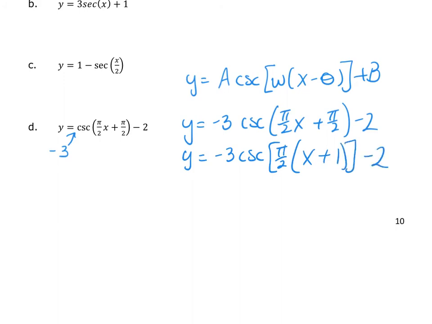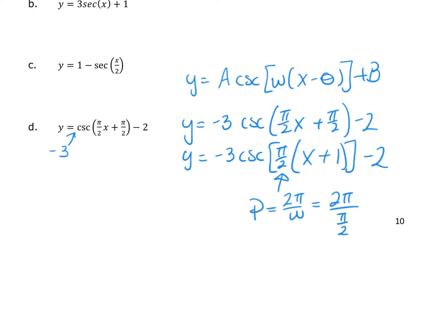All right, the first thing I do is my period change. This is omega. Because this is a reciprocal buddy of sine, my period is going to be 2 pi divided by omega. So this is going to be 2 pi divided by pi over 2.